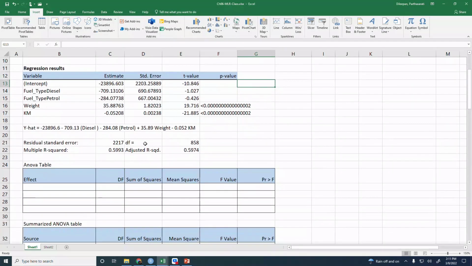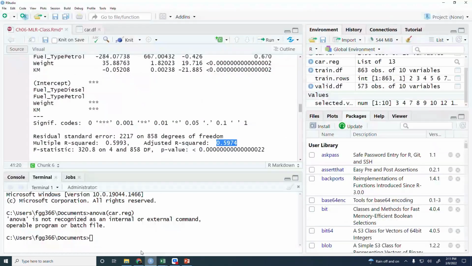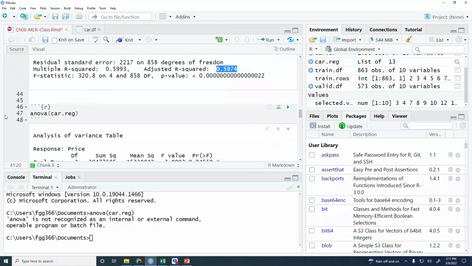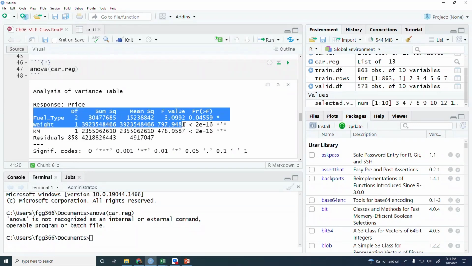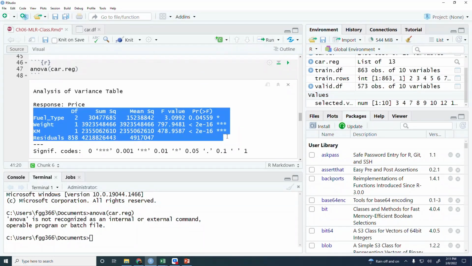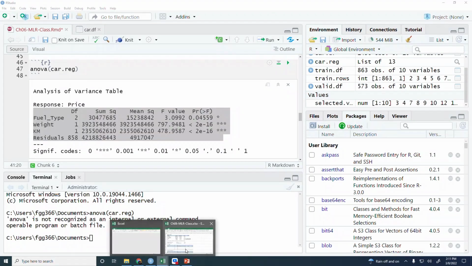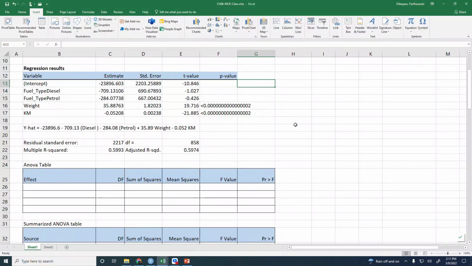Okay. So now, from the ANOVA table, we can get this part. When we ran the ANOVA command, we got this result, right? So let's copy that and paste it here.